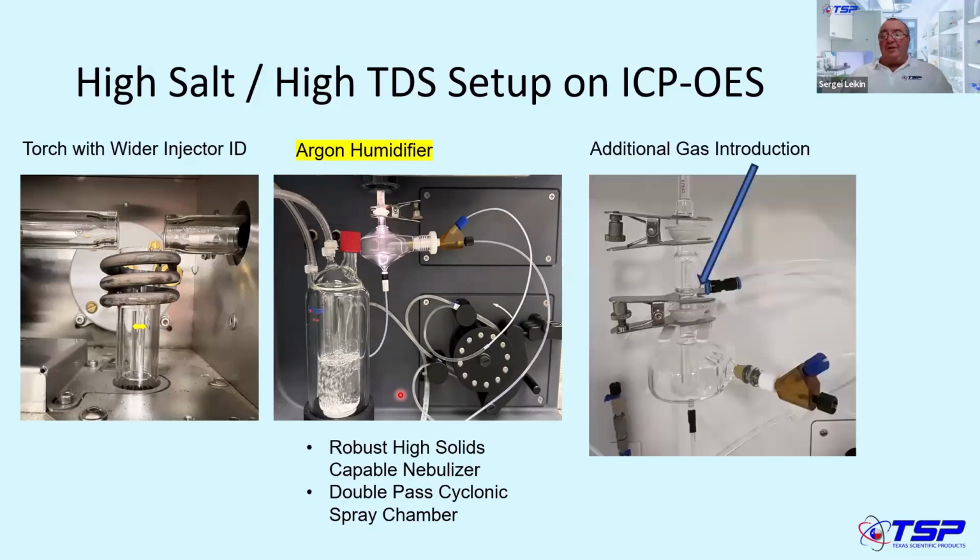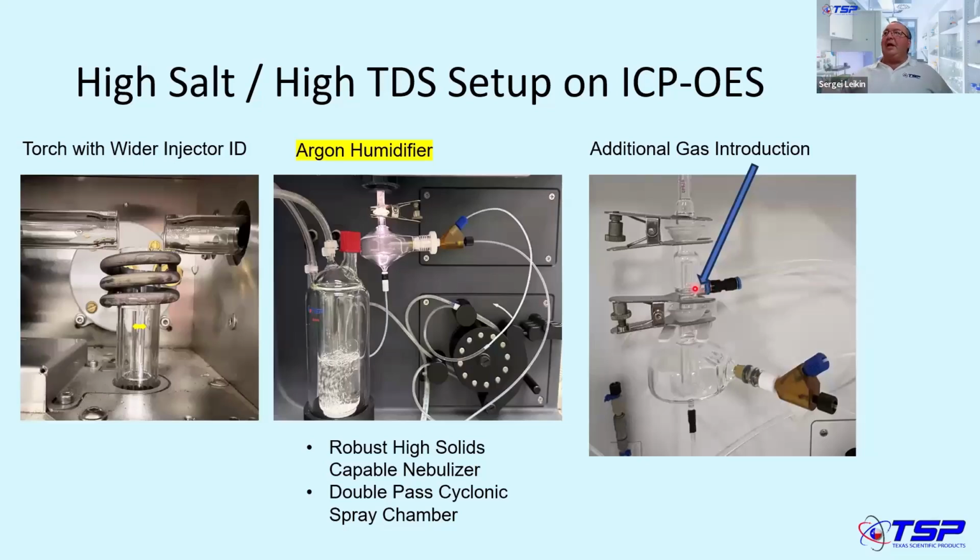The other thing that we highly recommend, and you may get away without it for certain applications, which I will show you a bit later, is the setup with additional gas introduction. It is very beneficial when you run something like that. So here is one of the examples. You have an adapter here, and then the additional gas is introduced into this area here.